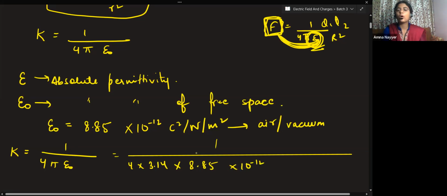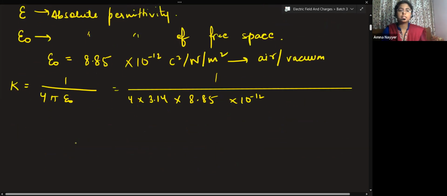When you solve this, you get the value of the constant K as 9 into 10 to the power 9.